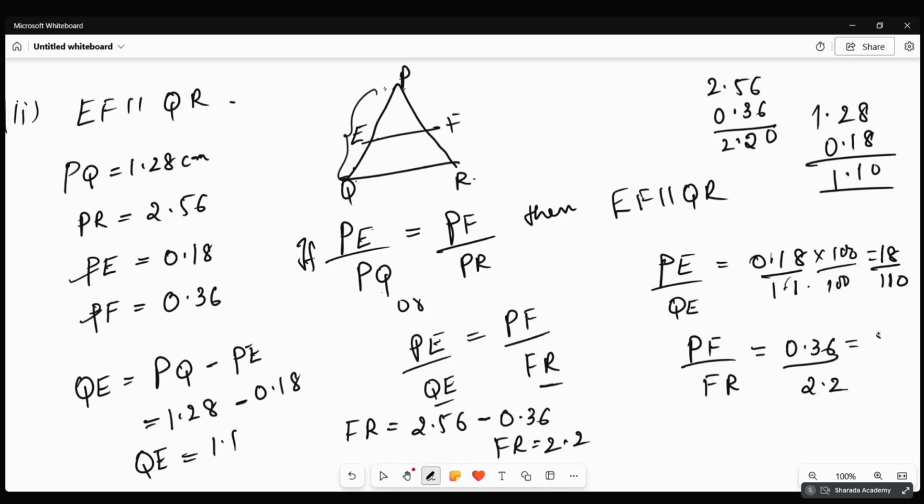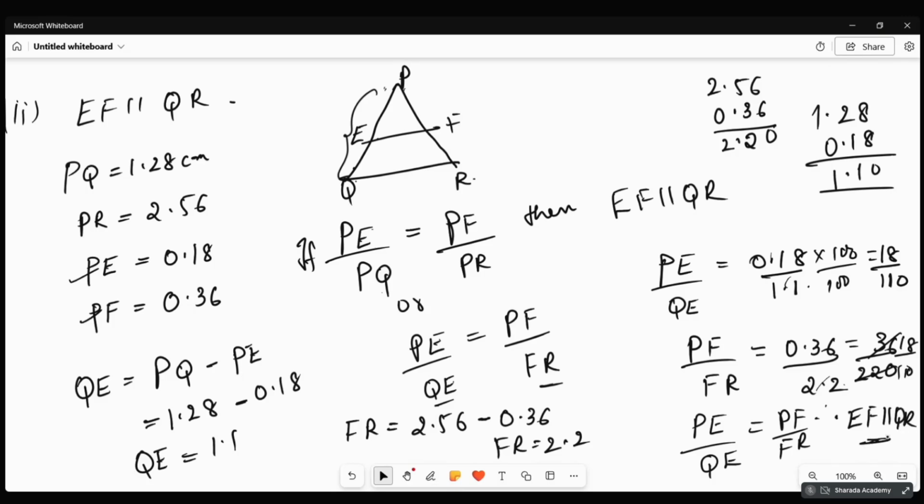Here we will get 36 by 22; divide by 2, I will get 18 by 110. So it's the same. So PE by QE is equal to PF by FR. Therefore, we get EF parallel to QR.